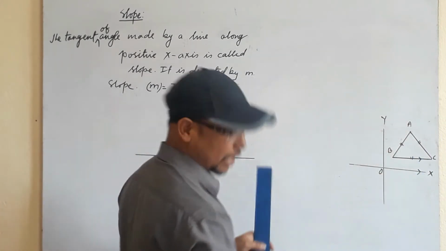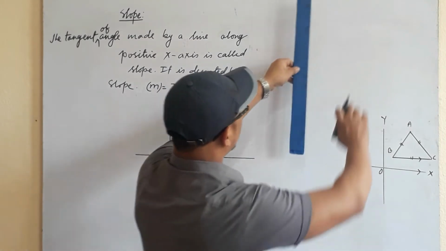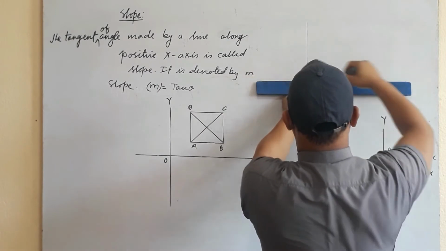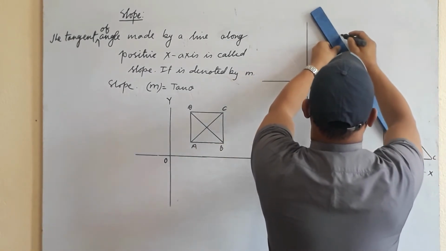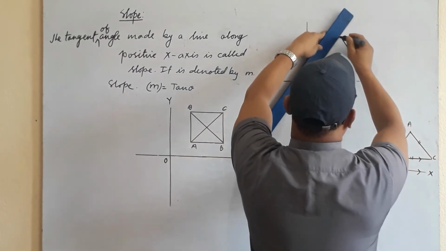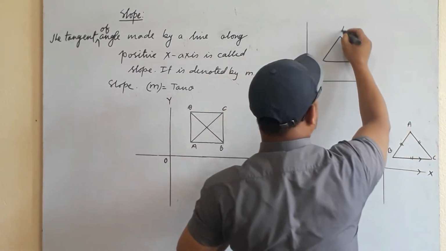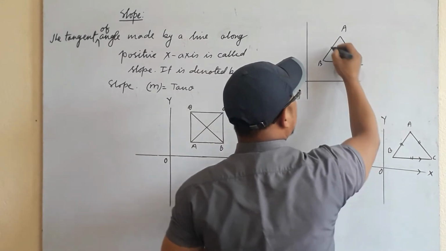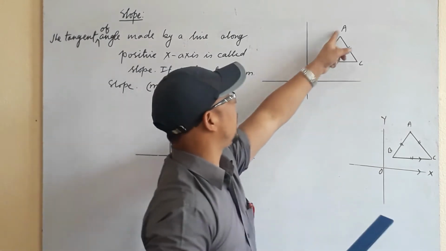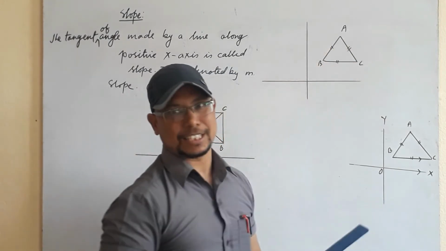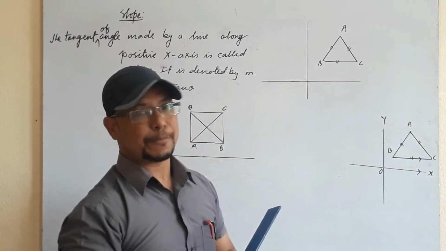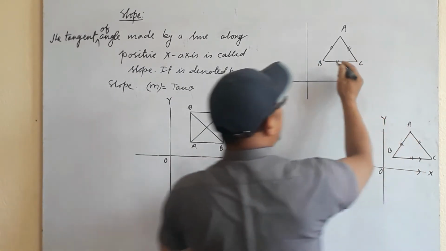Let me draw this a little bit bigger. Let us suppose ABC is an equilateral triangle, and we are supposed to find the slope of AB, BC and AC. To find the slope, you need the angle. Let's find it for BC.